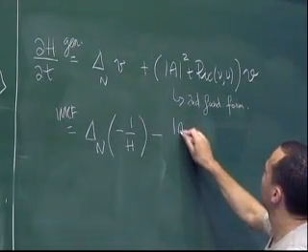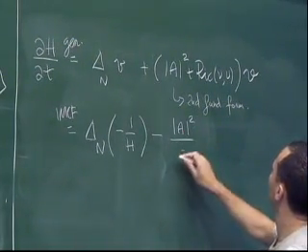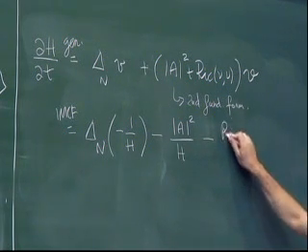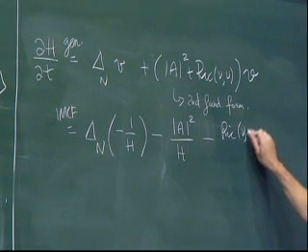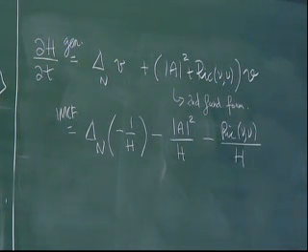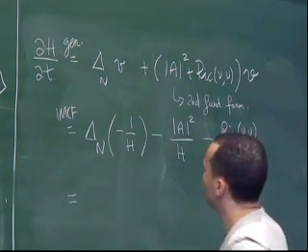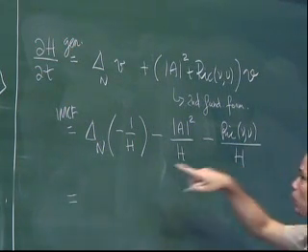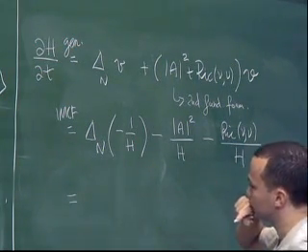Minus |A|² over h minus Ricci(ν, ν) over h. So this is the equation, right? If you work a little more, you compute in this, you see when you differentiate this guy 2 times, what you get.